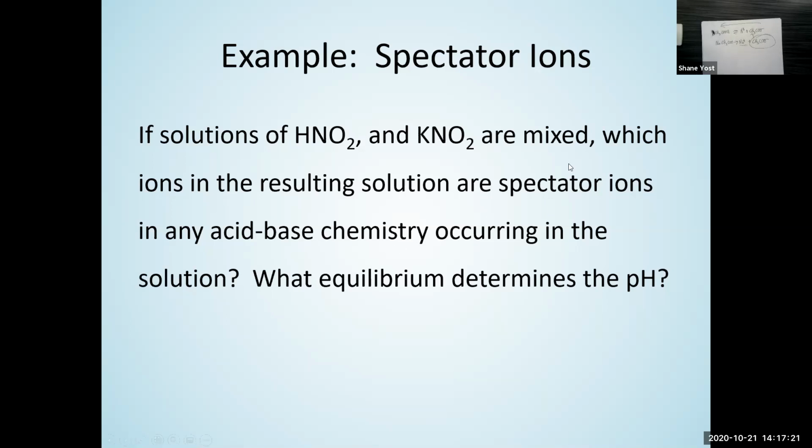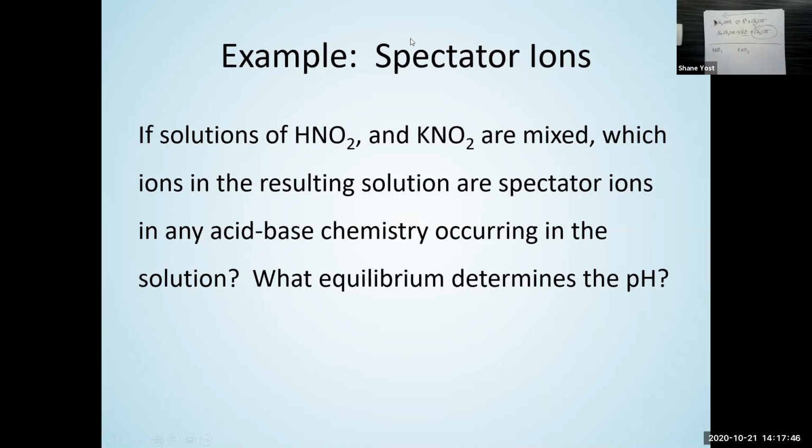So the first question when looking at this is to ask yourself which of these are strong electrolytes and which are weak electrolytes. So is HNO2 going to be a strong electrolyte or a weak electrolyte? It will be a weak electrolyte.